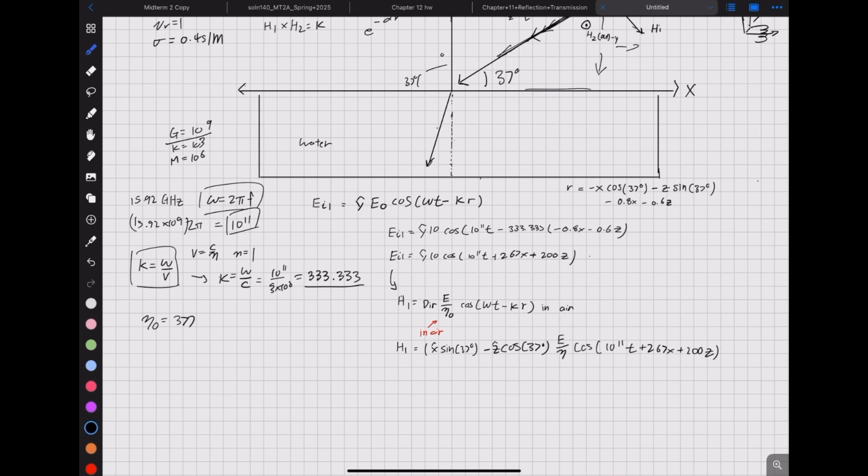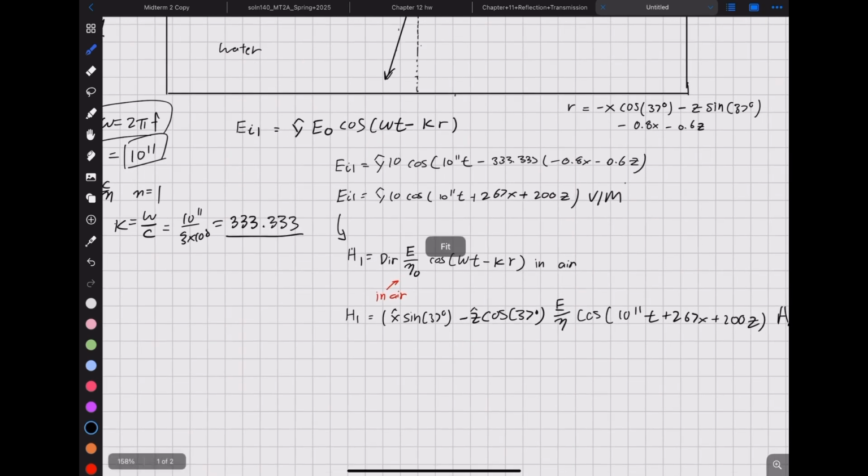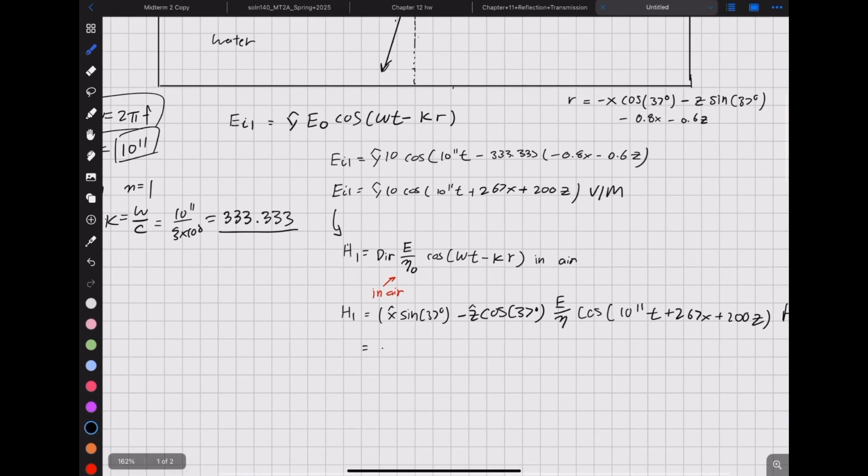Also remember this is volts per meter, and this is going to be amps per meter. So calculating all of this, we have x hat of 0.6 minus z hat of 0.8 multiplied by 10 divided by 377.